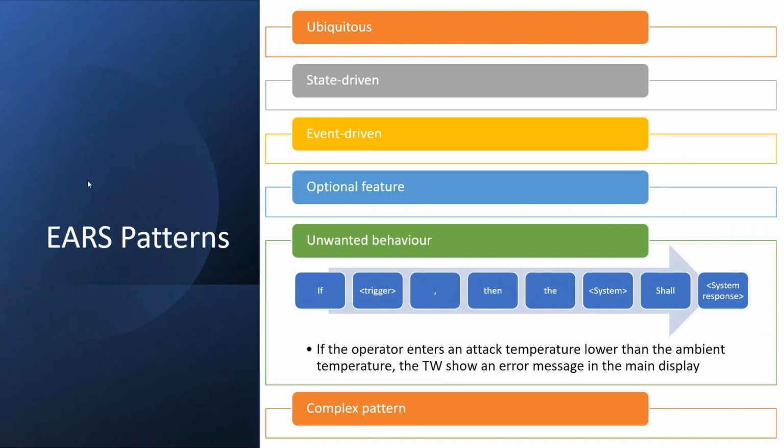So if we distinguish scenarios between the sunny day scenario, if everything goes as expected, and the rainy day scenario, where something is not going as expected, so this is the rainy day. If the operator enters an attack temperature lower than the ambient temperature, the Temperature Warrior shall show an error message in the main display. So this is something that is not the expected behavior, and that's why we have used the unwanted behavior and not the event-driven behavior.